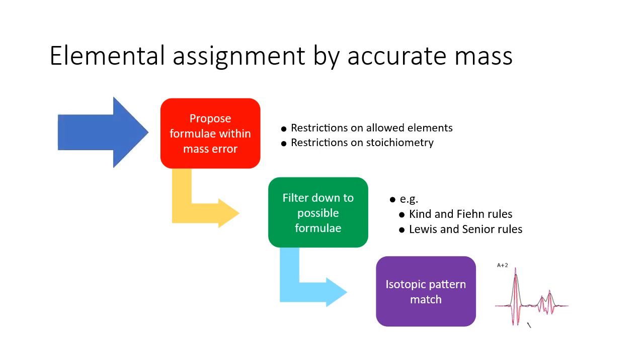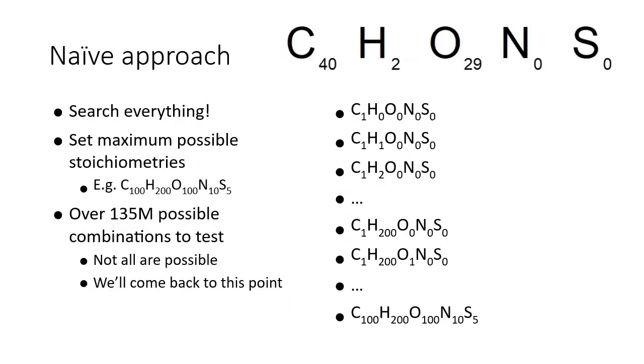So let's start at the beginning of the process and understand how we can generate a list of all possible chemical formulae within a given mass error of a peak mass. The naive way to approach this problem would be simply to search through every possible combination of all elements that fit within some maximum possible stoichiometries.